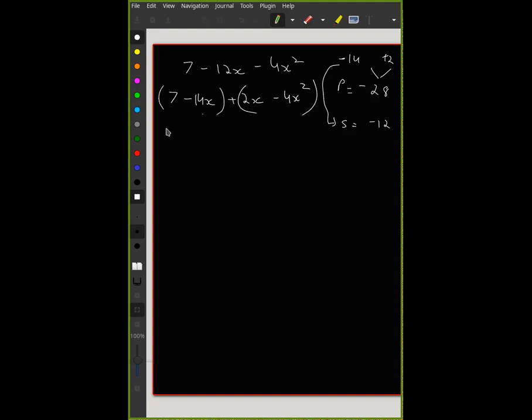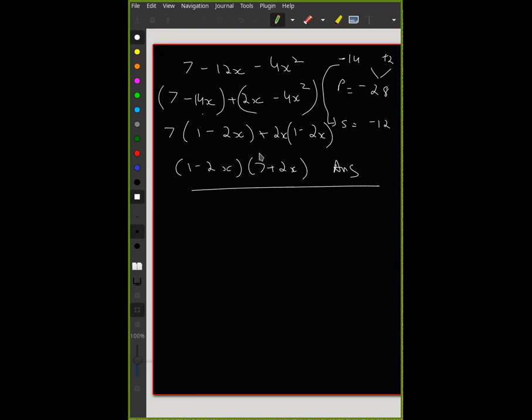It will be 7 multiplied by 1 minus 2x, then plus 2x into 1 minus 2x. So the final answer will be 1 minus 2x multiplied by 7 plus 2x. Okay.